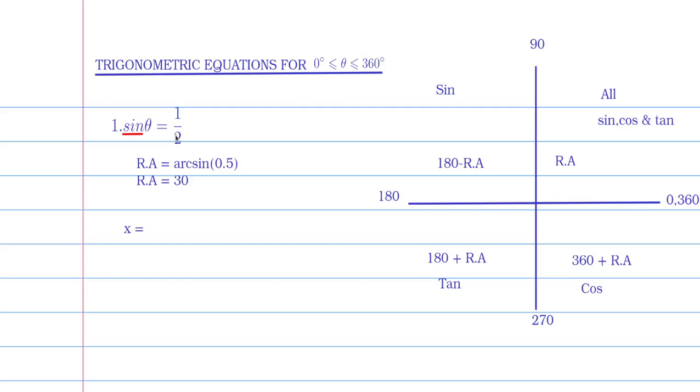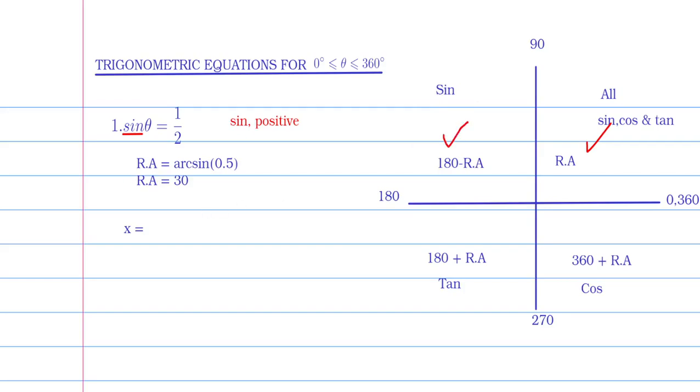So we are looking for where the trigonometric ratio sine is positive. In which quadrant is the sine ratio positive? All are positive here, which means sine is positive here, and then again sine is also positive here.